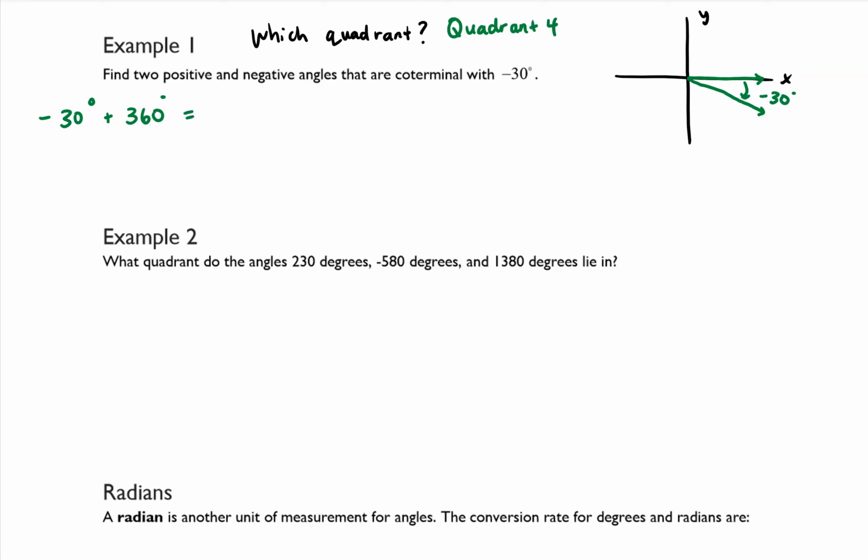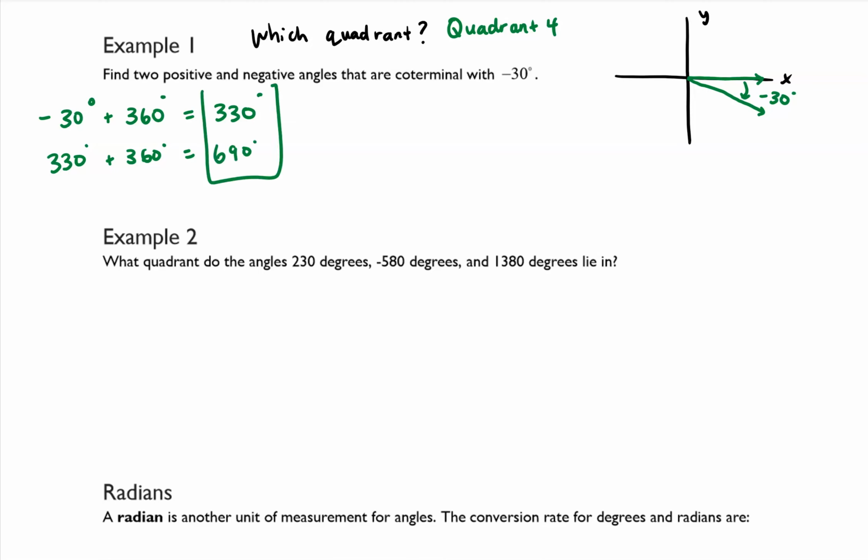So if I added those together, that would be 330 degrees. And I can add another full rotation to that, and that would give me another positive coterminal angle. So if I added those, that would be 690 degrees.